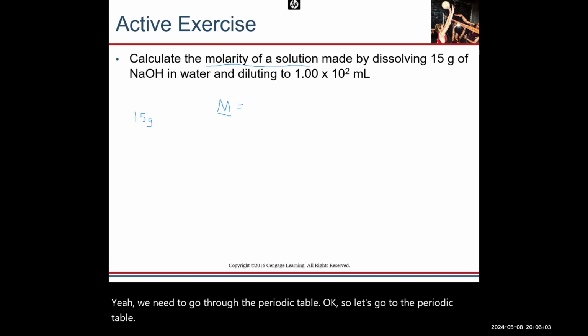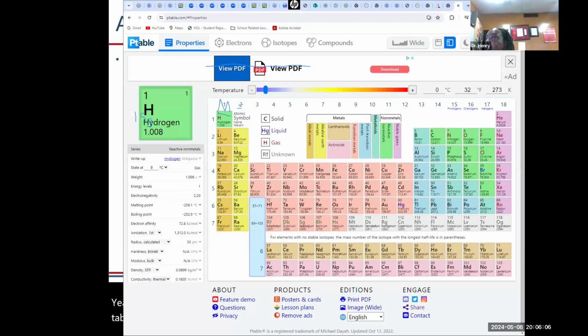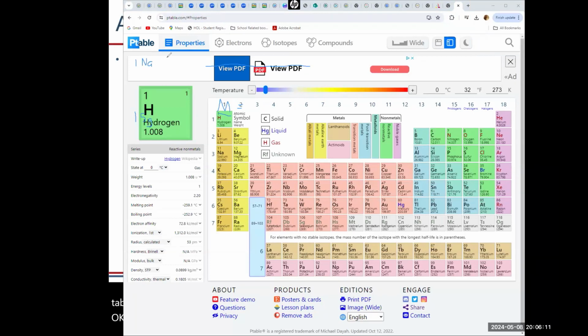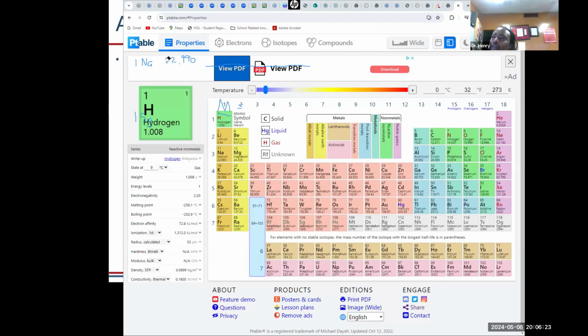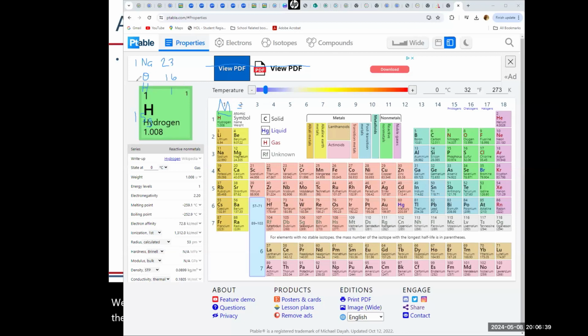We have one Na, 22.990. One O is 15.999. Then H is 1.008. Since we're tired and working quick, no more decimals: we're going to make that 23, the oxygen 16, and the hydrogen 1, because we got one of each.